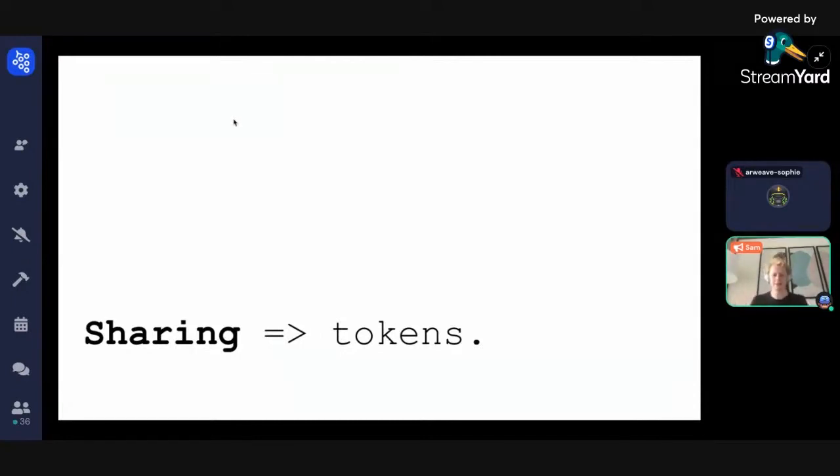You can easily see a system where people are now incentivized to spread the application. In that case, you could call it something like the viewing layer, right? So it's the top of the funnel for getting new users in.